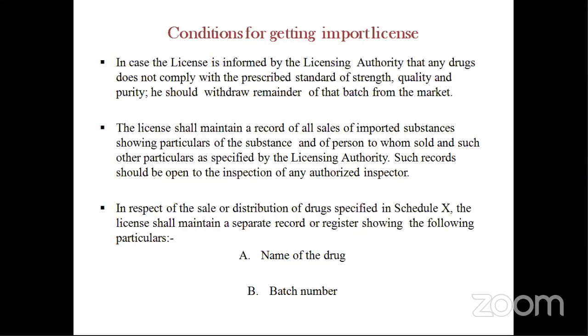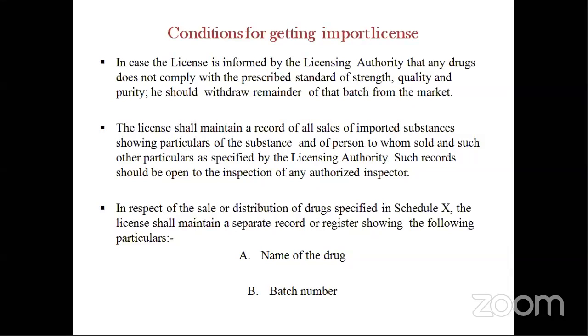Next is in respect of sales or distribution of drugs specified in Schedule X. Already you know that I said Schedule X means the most harmful, most risky substances. Okay, so it is narcotic drugs. So if any company is trying to import a Schedule X category of drugs, it should get the license from the licensing authority, and only for the Schedule X drugs you should make a record in a separate manner.